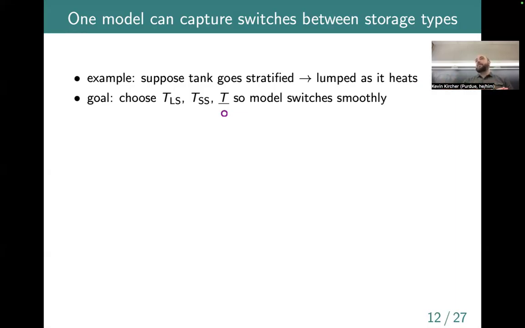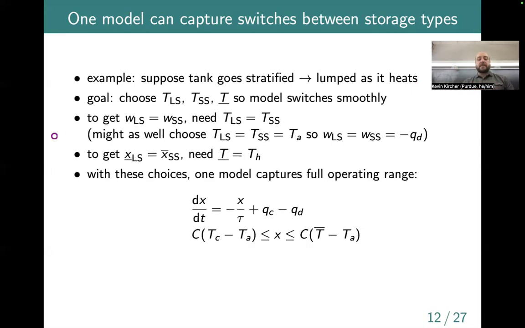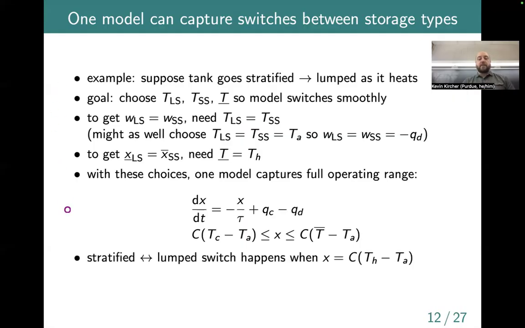So we could go, for example, from a lumped sensible model to a stratified sensible model, or from a phase change model to a temperature change model. There's an example here. In the interest of time, I'll skip it, but you can follow through if you want to see how that would work.